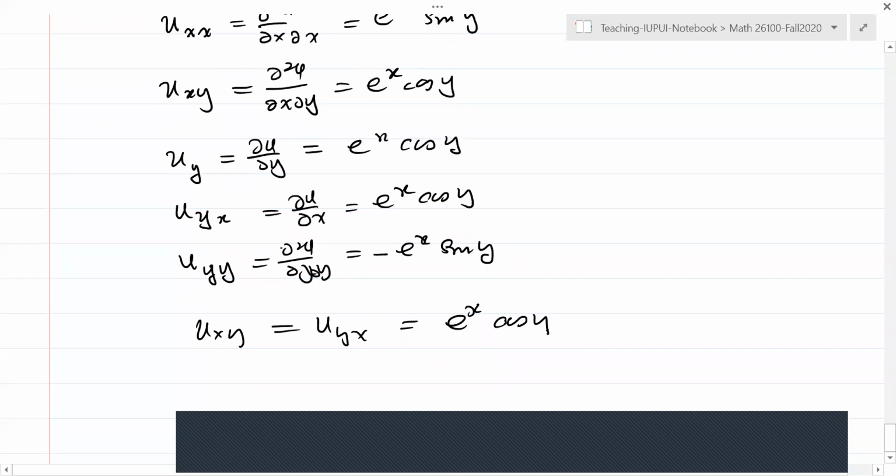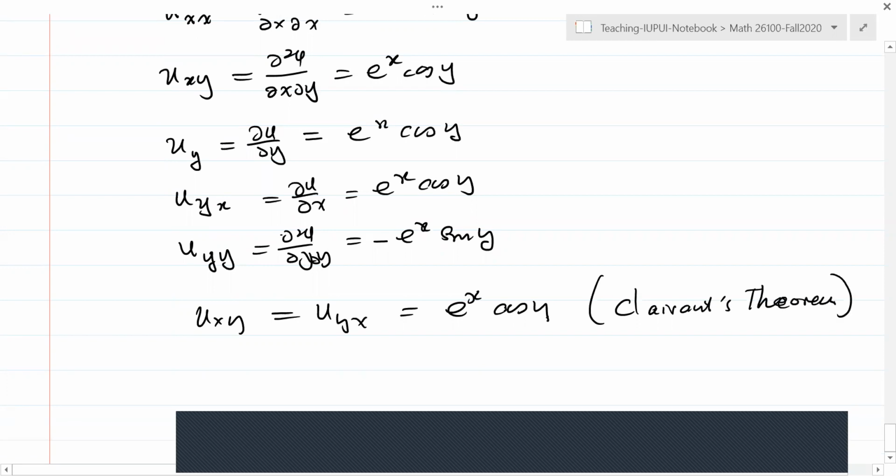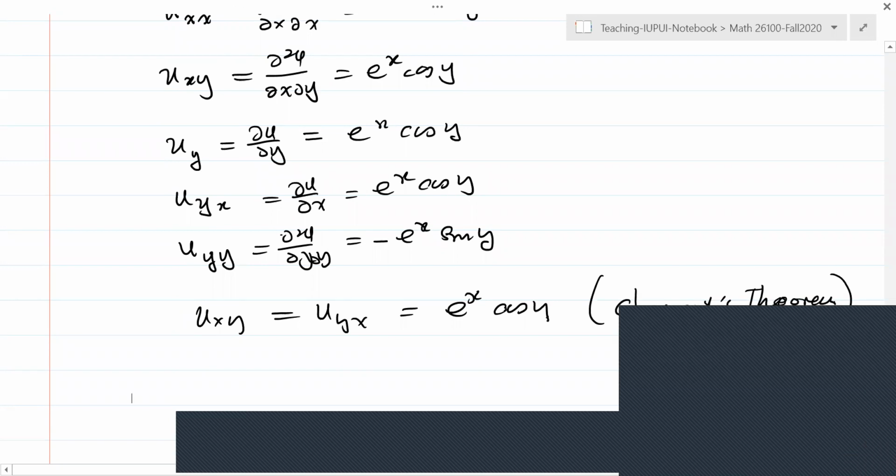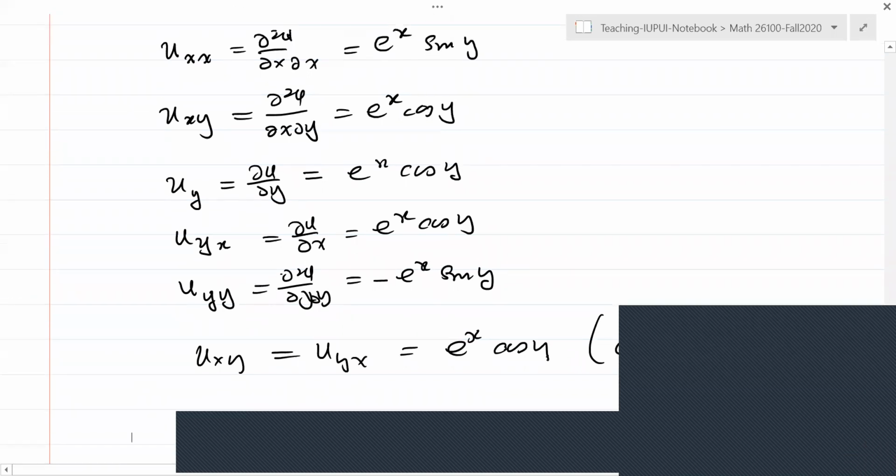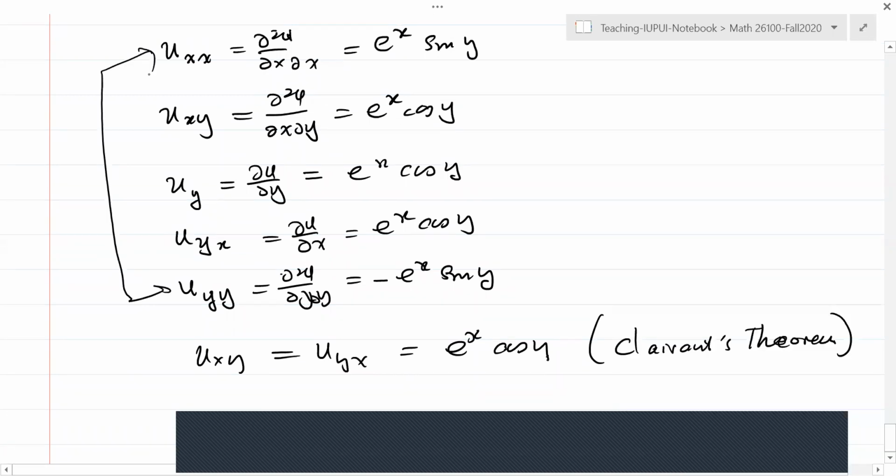This is guaranteed by the theorem. Now you also see that those 2 have opposite signs.